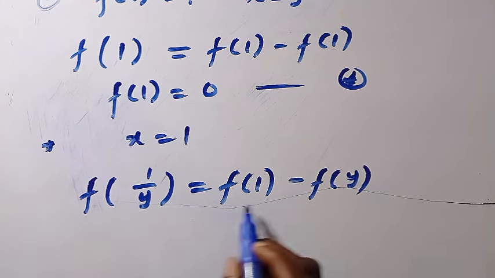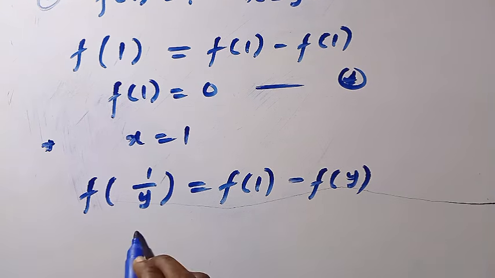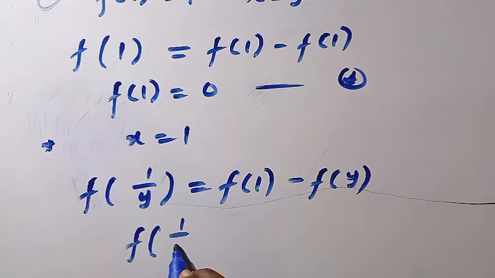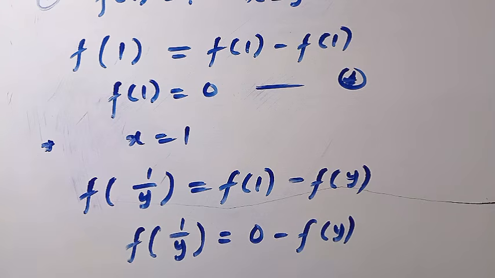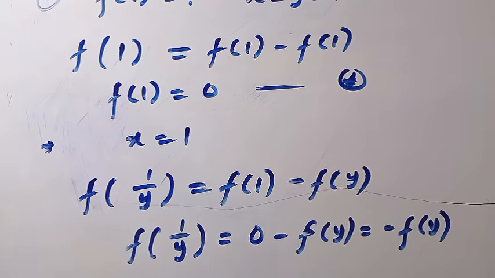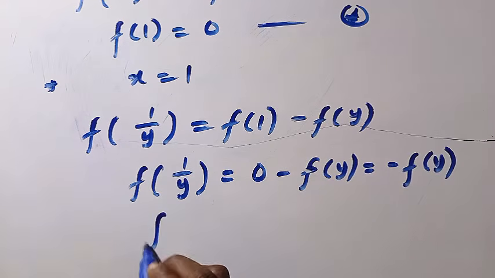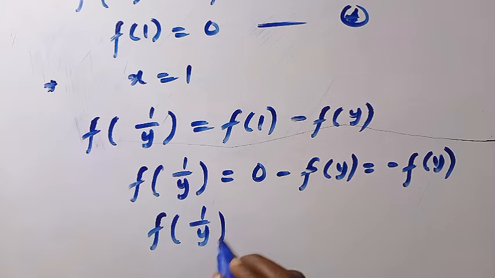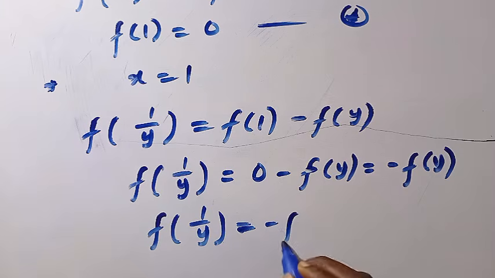But f of 1 is given as 0, so we have f of 1 over y equals 0 minus f of y, which gives us minus f of y. So for every f of 1 over y, we have negative f of y, which is an odd function.